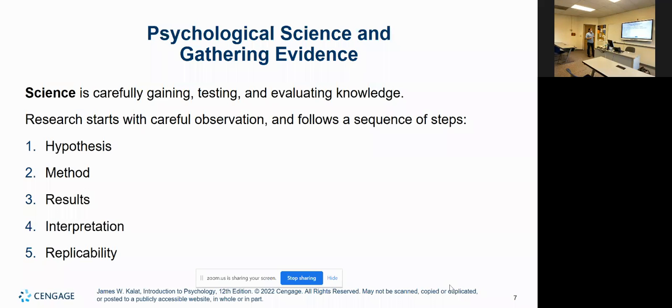Okay. So I know we talked a little bit about this when we looked at the professional journals. Is the hypothesis, right? The hypothesis is a statement of what we expect to find.